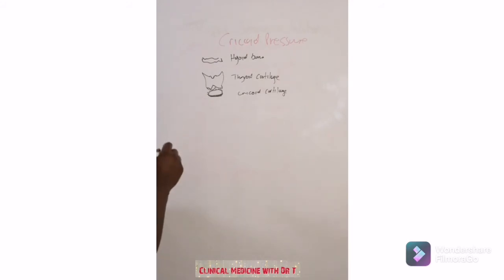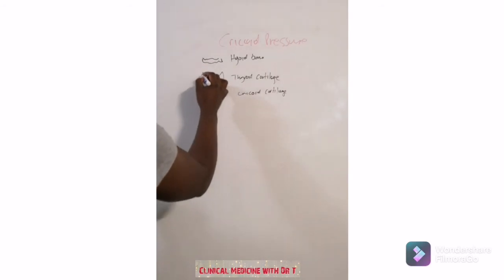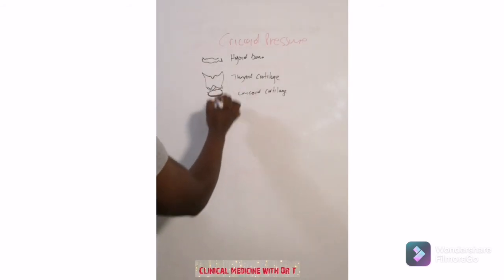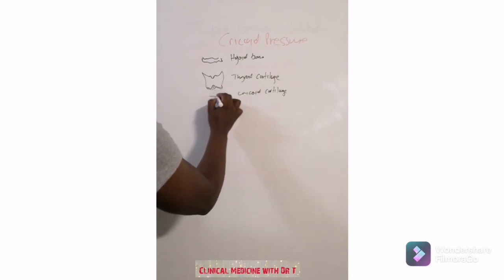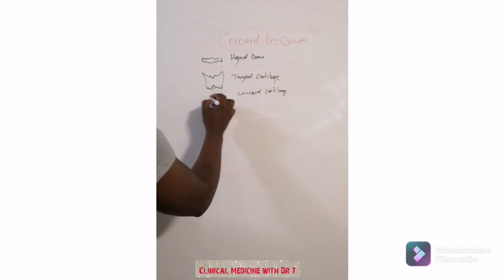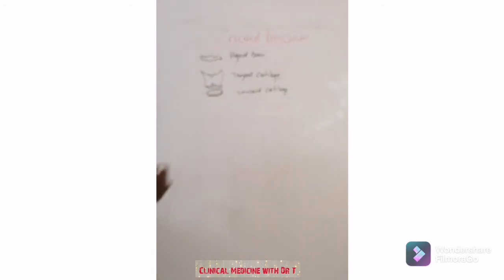Why do you do cricoid pressure? As you go down, the trachea has a membrane here.